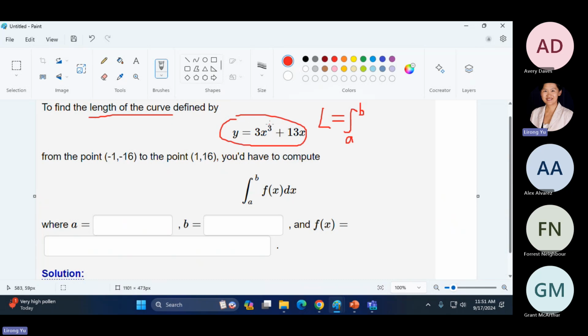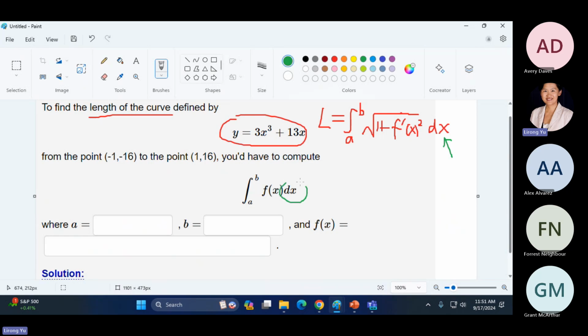If we can switch variables, sometimes we might want to switch variables just to save time and have a slightly less complicated equation. Right now we follow the formula: the integral from a to b of the square root of 1 plus the derivative of the function squared, dx. In this case, our intended variable would normally be x, so we can't switch the variable.